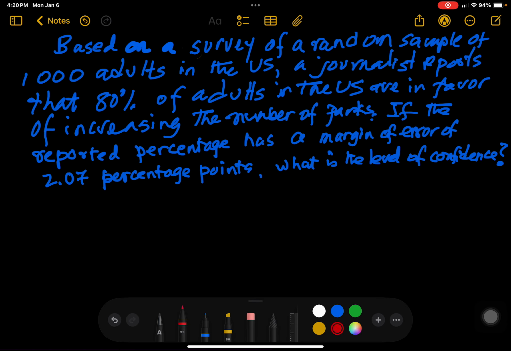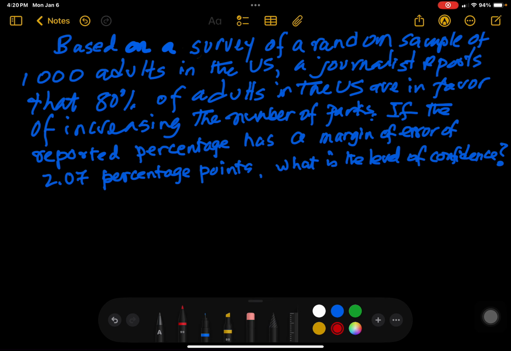So they have given us the journalist's idea that 80% of the adults in the US are in favor of increasing the number of parks. This is based on a survey of 1,000 US adults.